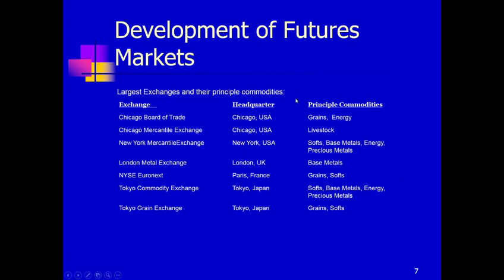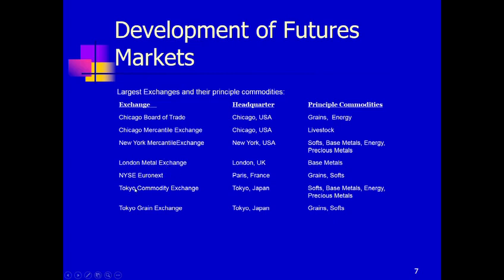So just to give you some examples of some large exchanges around the world, and these are primarily commodities that I'm listing. If you want to, for example, trade energy or grains, such as different types of wheat, you'd go to the Chicago Board of Trade. If you want to trade livestock like cattle or pigs, then it'll be the Chicago Mercantile Exchange. In Asia, the largest commodity exchanges are in Japan.